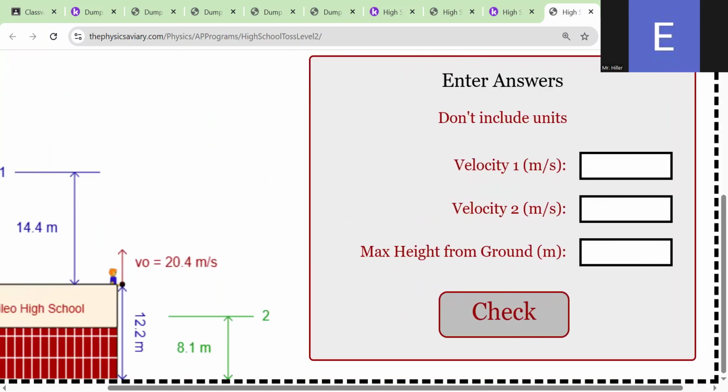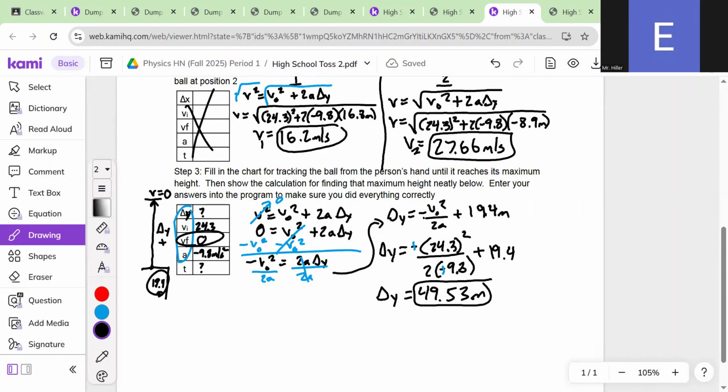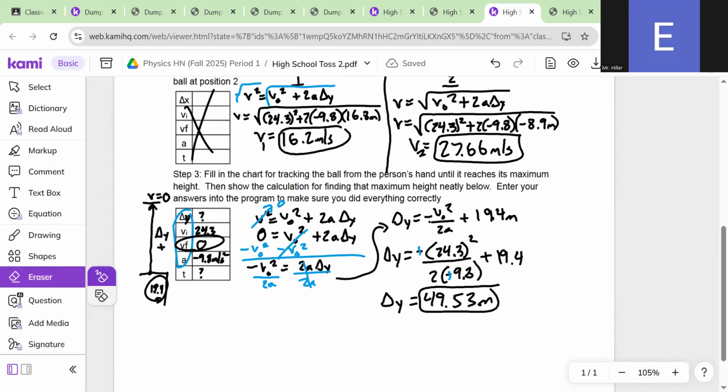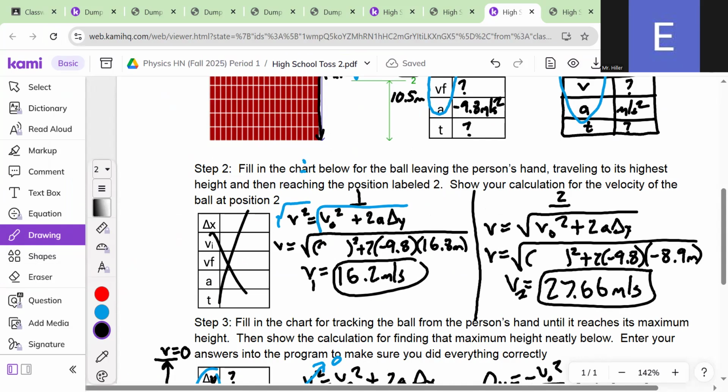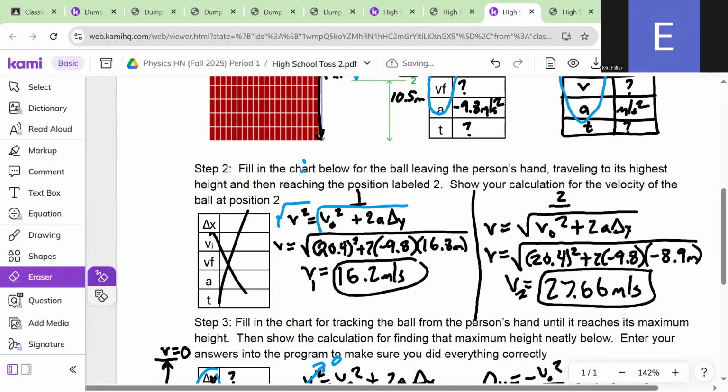All right. So 20.4 is my velocity. Let me make a few changes along the way. So this is 20.4. Delete the speeds in there.